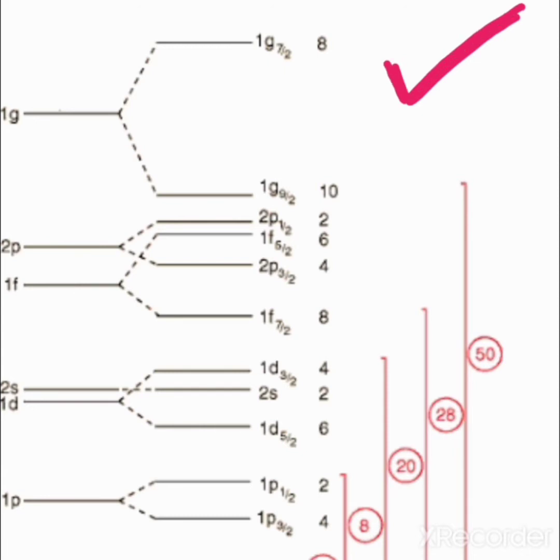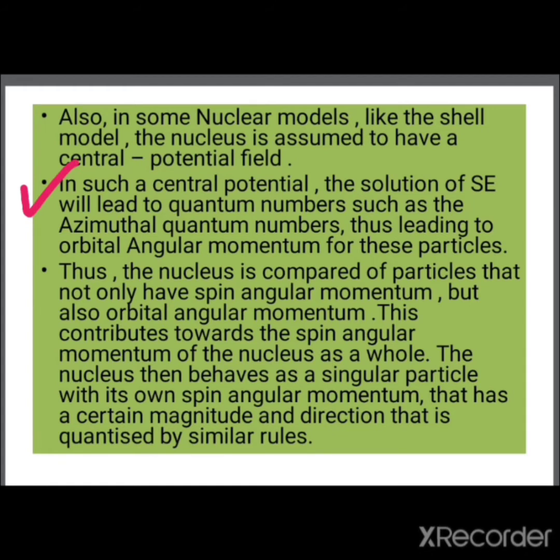So, in such a central potential, the solution of the Schrödinger equation will lead to quantum numbers such as the azimuthal quantum number, thus leading to orbital angular momentum for these particles. Thus, the nucleus is composed of particles that not only have spin angular momentum but also orbital angular momentum. This contributes towards the spin angular momentum of the nucleus as a whole.